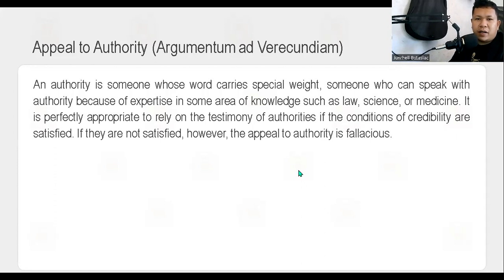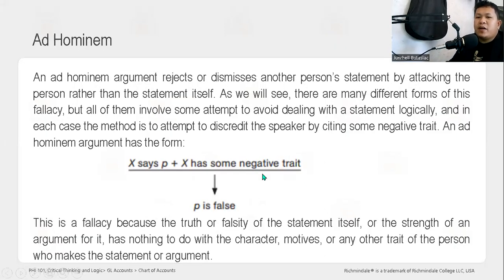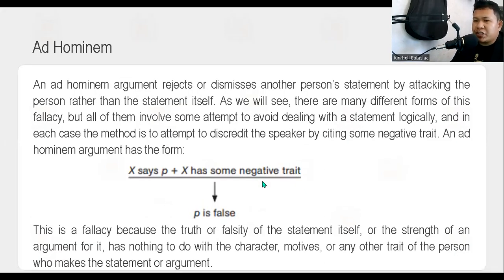Next is the ad hominem. Ad hominem is an argument that rejects or dismisses another person's statement by attacking the person rather than the statement itself. As we will see, there are many different forms of this fallacy, but all of them involve some attempt to avoid dealing with the statement logically.